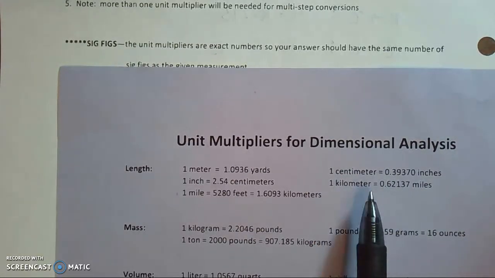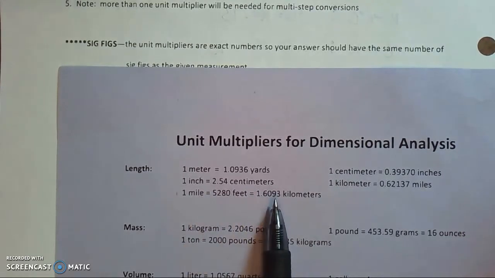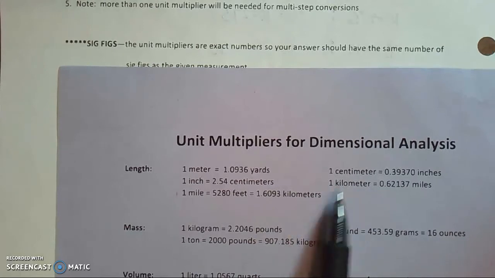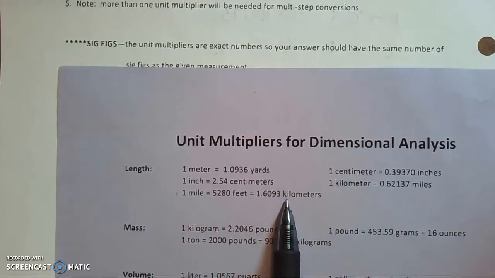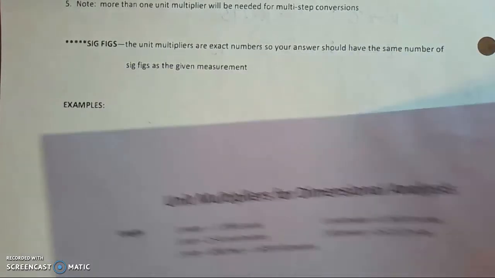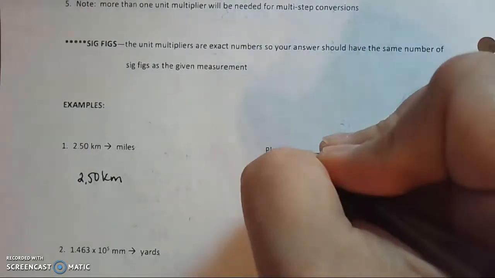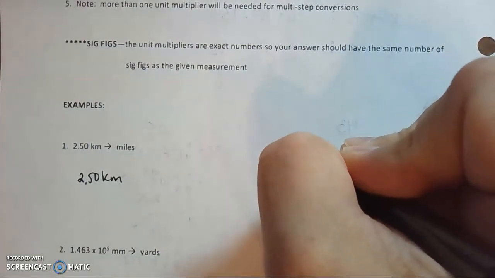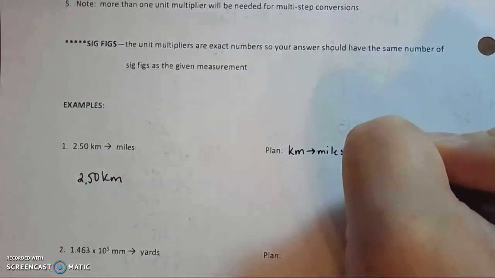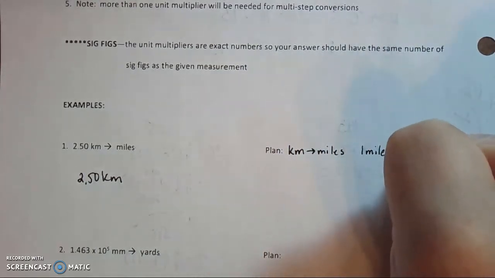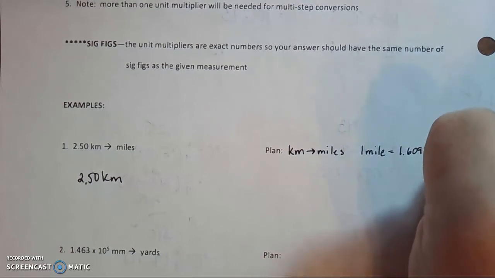We have this one right here, and we have 1 mile is 1.6093 kilometers. Doesn't matter which one we use. I'm going to pick this one. 1 mile is equal to 1.6093 kilometers. So my plan is to go from kilometers to miles using 1 mile is equal to 1.6093 kilometers.